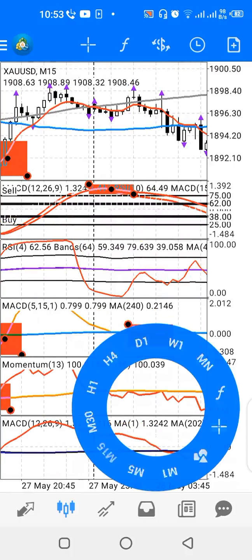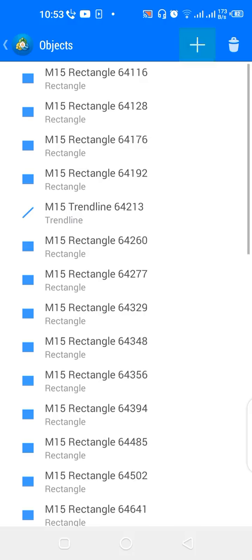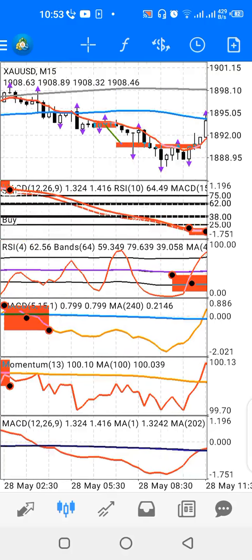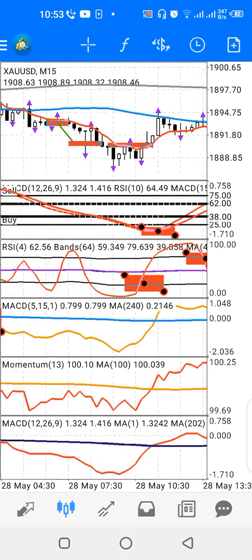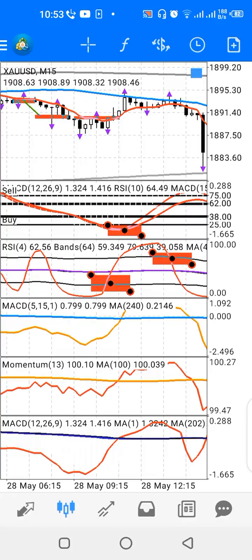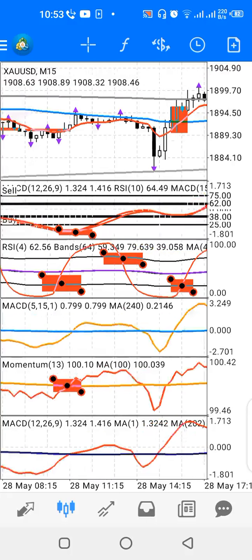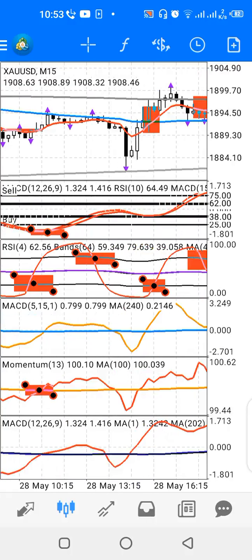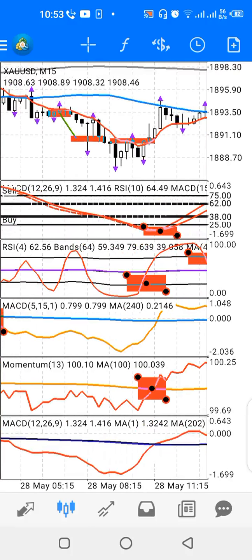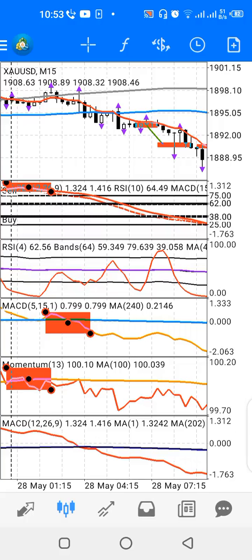Crosses down, sell signal. Crosses up, buy signal. So that's that for indicator window 4, and also the same thing for indicator window 5.